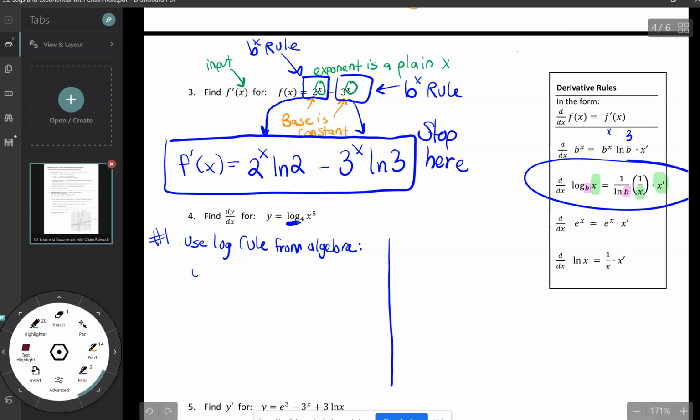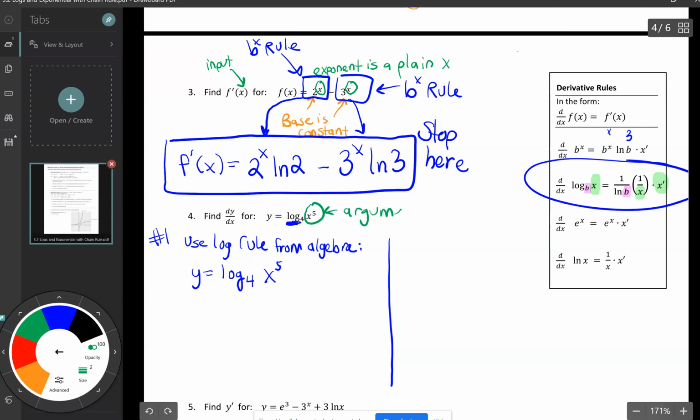The log rule from algebra says if your log has an argument that's raised to an exponent, so remember your argument here is x to the fifth, then the rule from algebra says you can take the exponent from the argument and drop it in front of the log.